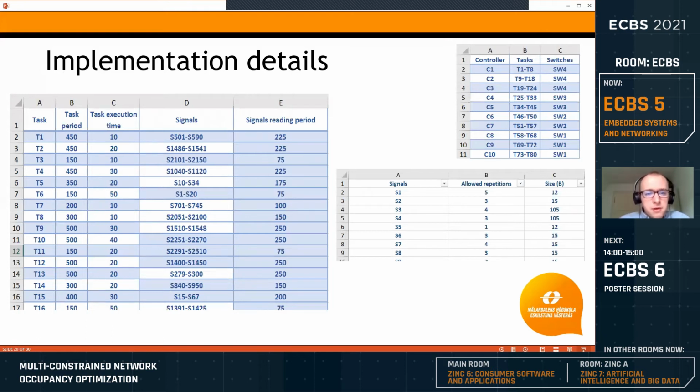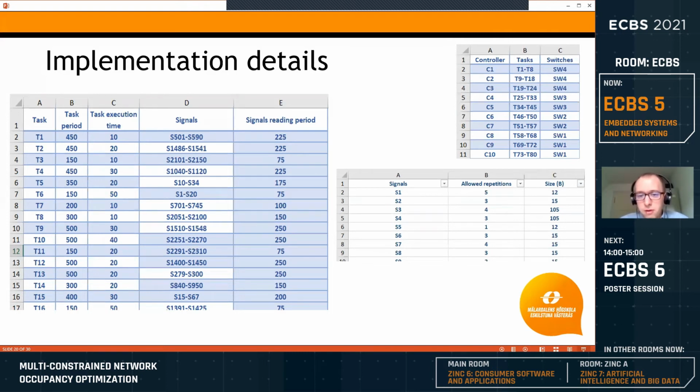So here's the input data, how it looks. On the left picture, it's important to know that every task has its task period, task execution time, and data sets of signals that are assigned to it. And every data set has a reading period. But you can see that these data sets are made so that they overlap different tasks.